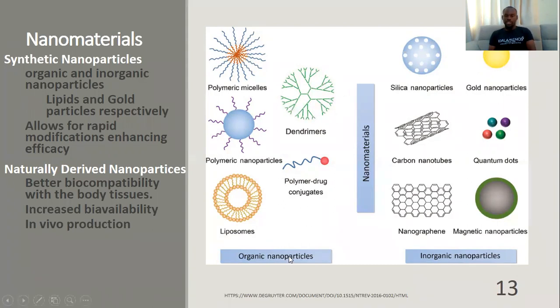So we have organic nanoparticles and inorganic nanoparticles. These different structures are used for different purposes. As you can see here, we have your gold nanoparticles. The gold nanoparticle has gained much attention in a form of therapy which is termed chemo nanotherapy.